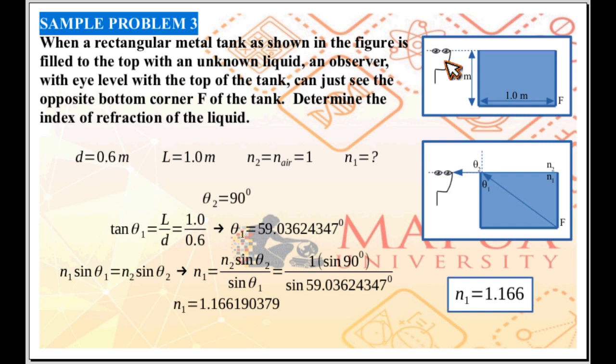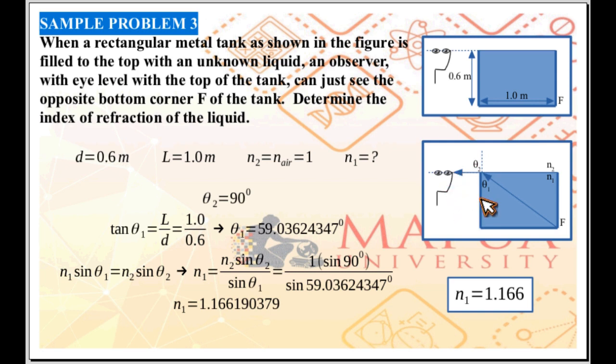Now, for the observer to be able to see point F, light from point F must reach the opposite corner of the tank, moving from the liquid, medium n1, to the other medium, air, medium n2. So light will transfer from one medium to the other. You have refraction of light, and that light will reach the eye of the observer.